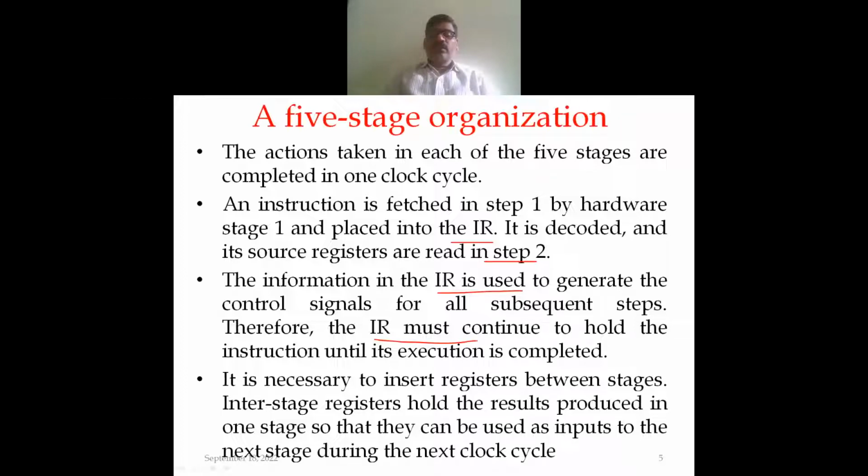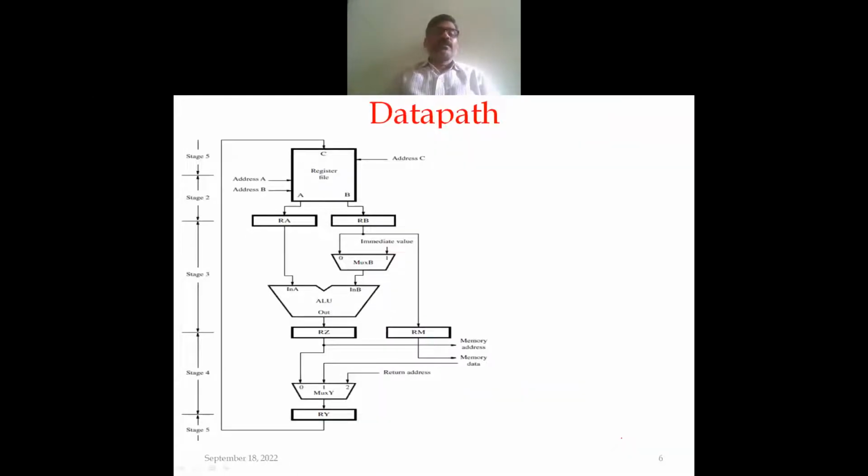So it is necessary to insert registers between stages, which are called interstage registers. These interstage registers are used in every stage of execution of the instruction, for storing intermediate results, so that values are carried forward from one stage to another and can act as inputs to the next stage during the next clock cycle.